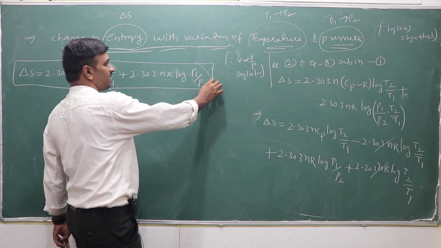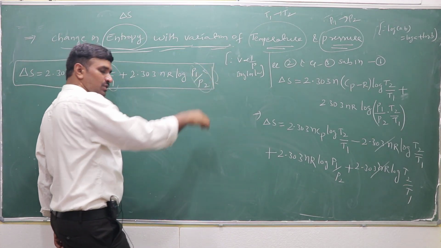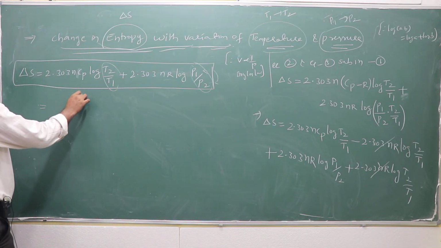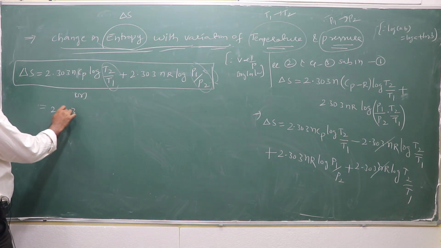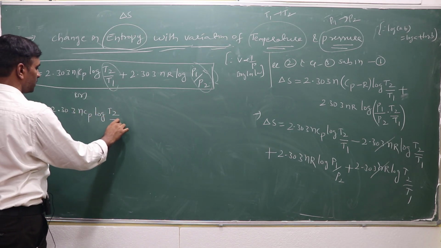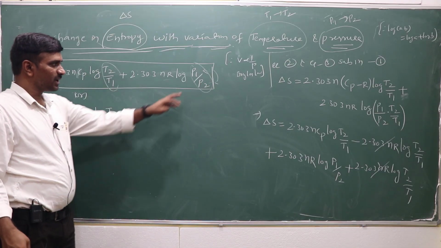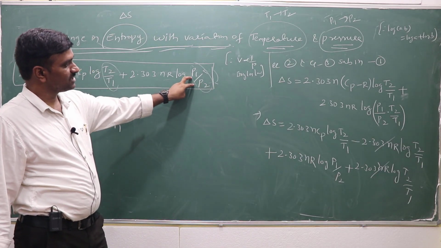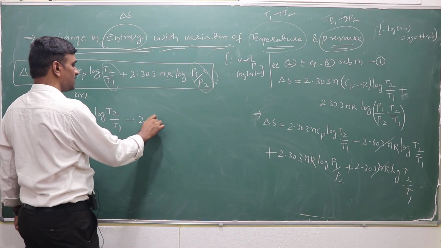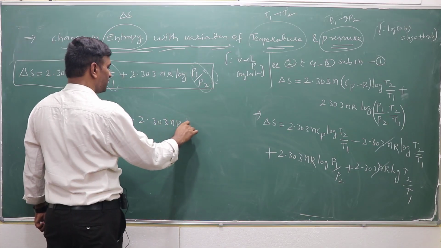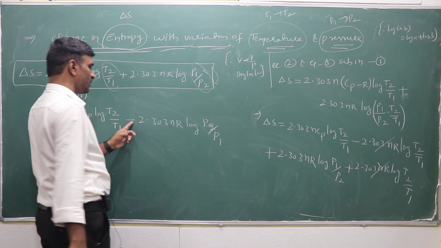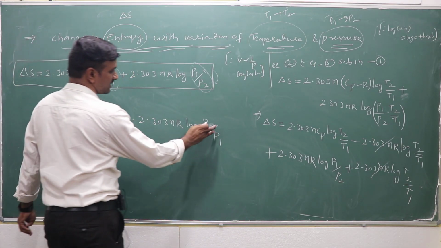If the denominator and numerator are interchanged, a minus sign is added. So the equation is sometimes given as 2.303 nCp log T2 by T1 minus 2.303 nR log P2 by P1, with a minus term instead of plus.